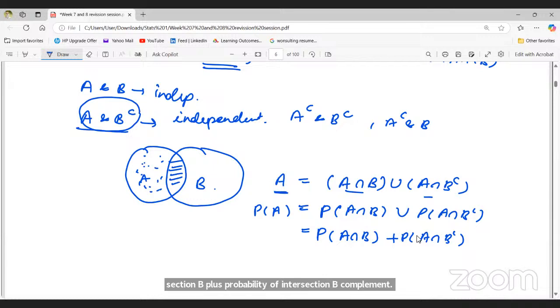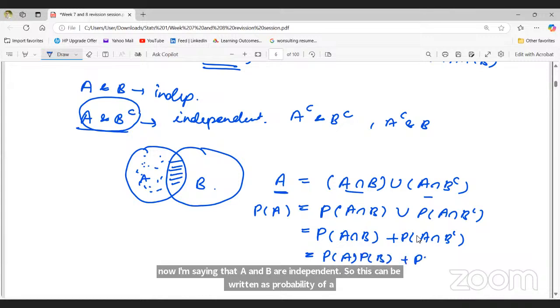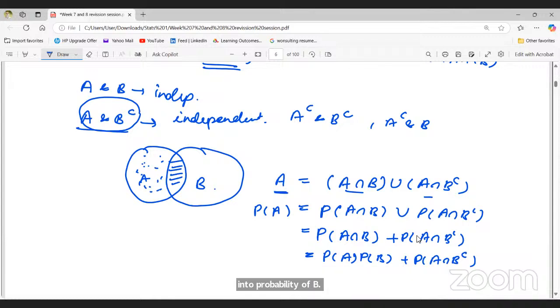Now, A and B are independent, so this can be written as the probability of A times the probability of B. Taking this to the other side, the probability of A minus the probability of A times the probability of B equals the probability of A intersection B complement.